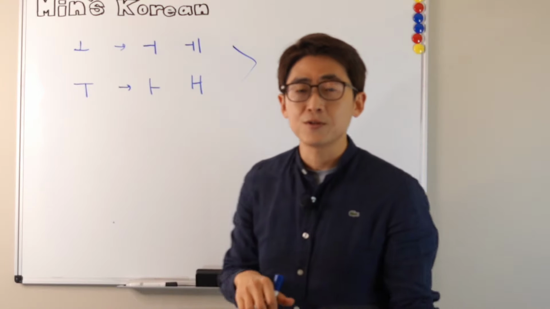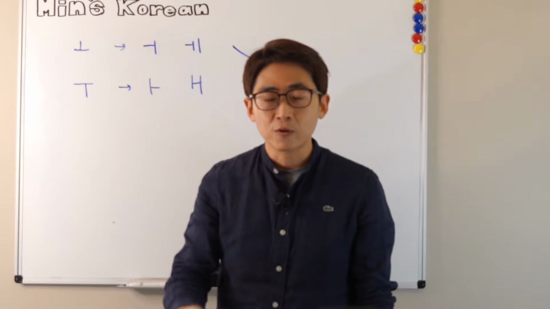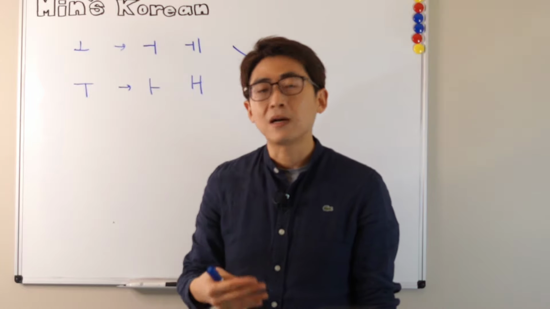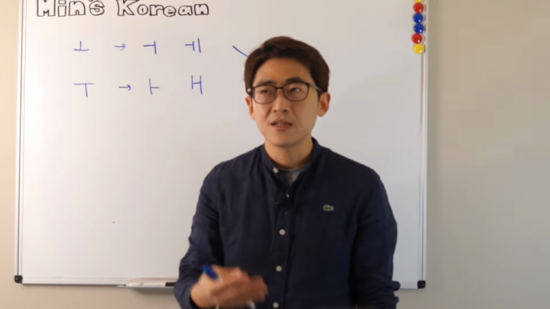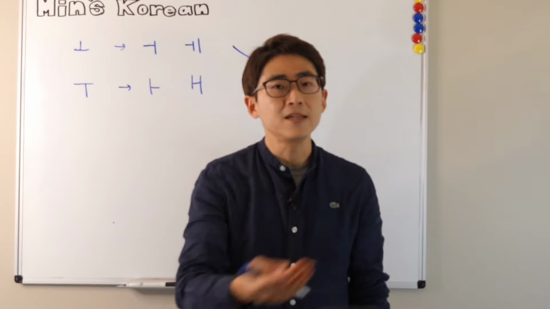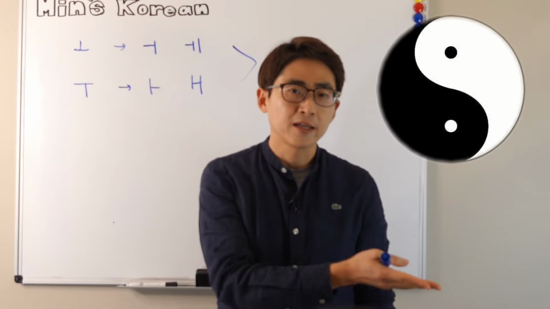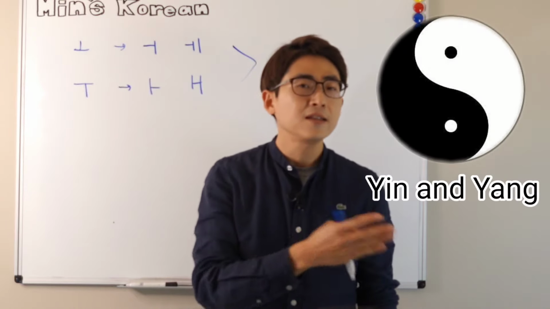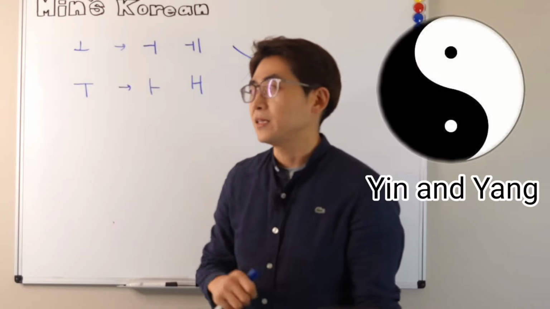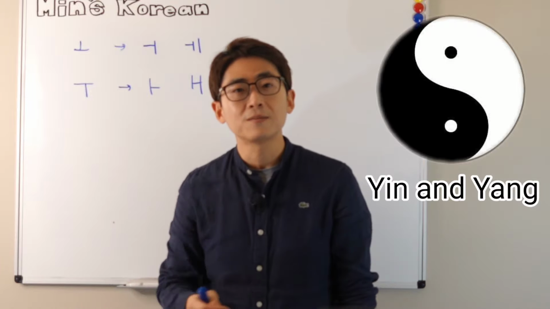The reason why there are exceptions to combining rules is because Koreans believe in the system of harmony. They believe in the system of light and darkness, and this is what we call yin and yang. Yin is the shadow or the darkness, and yang is the light. It's the sun, the power of the sun.